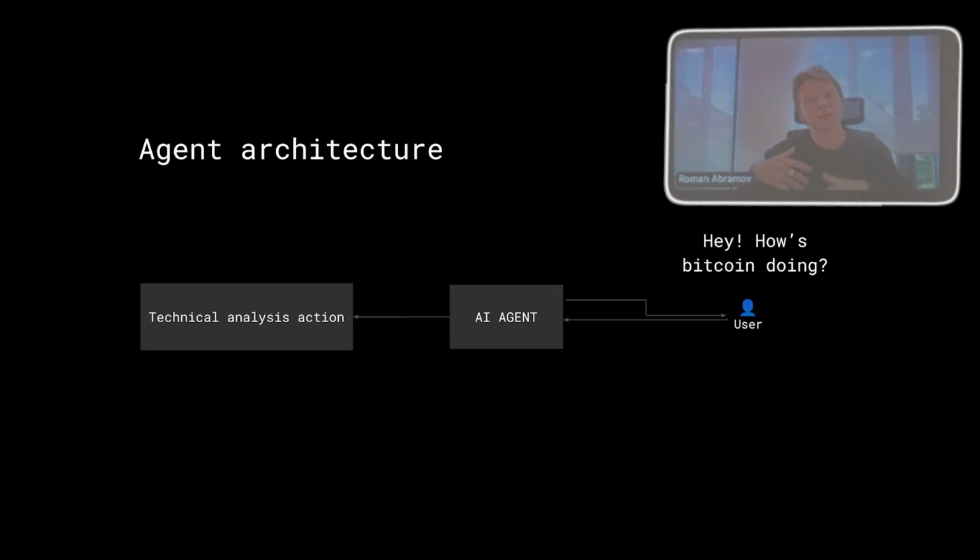And if you provide technical analysis as an action, you might face the following issue. For example, a user comes and says, okay, how's Bitcoin doing, or how's gold doing, or how's the Fortune 500 doing.